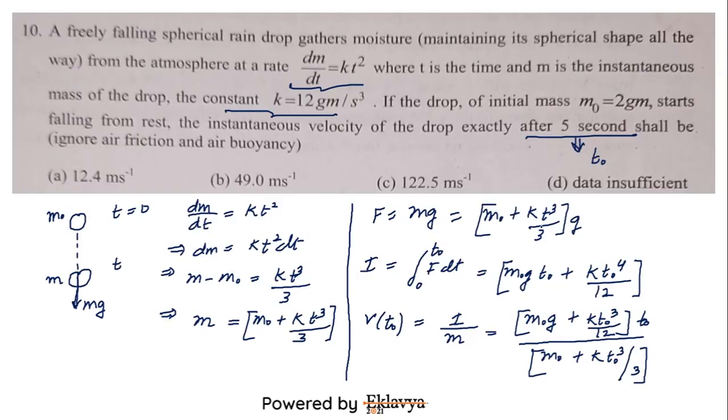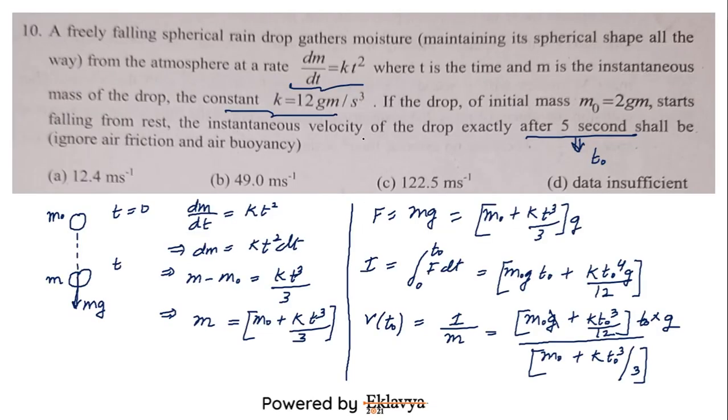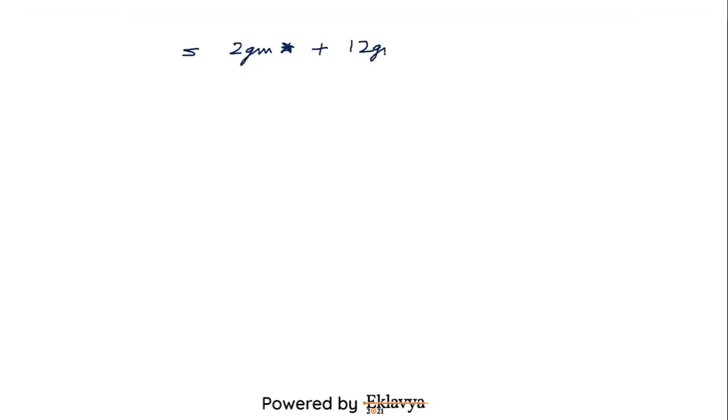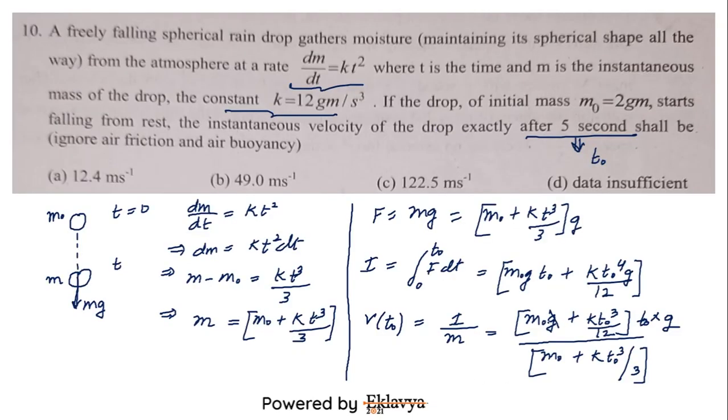So m naught was given to be how much? M naught was 2 gram. So 2 gram into, okay, we can do one thing. This g was actually common here, it should have been present here also. So we can pull out g as the common quantity, and I'll multiply it towards the end. So 2 gram plus, instead of cross I will write a plus, k is 12 gram per second cube into t naught cube.